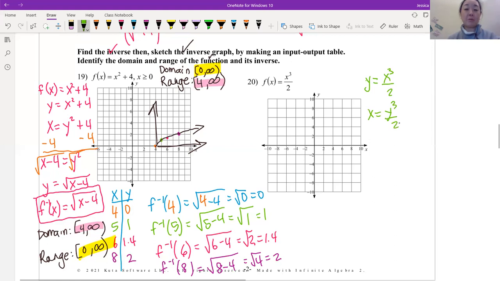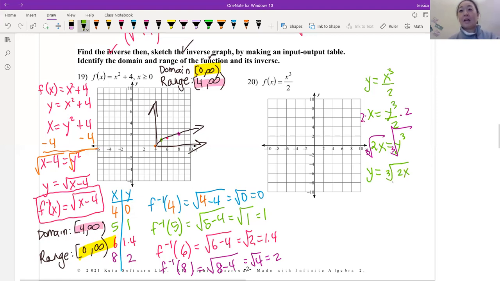Now, before I cube root this, I'm going to get rid of that 2. So I'm going to multiply both sides by 2. And then what I get is 2x is equal to y cubed. Now, how do we get rid of the cube? Cube root it. So our answer is going to be y is equal to the cube root of 2x.